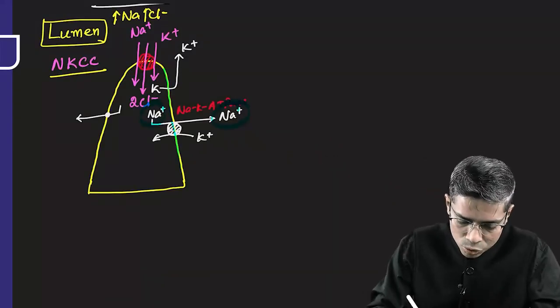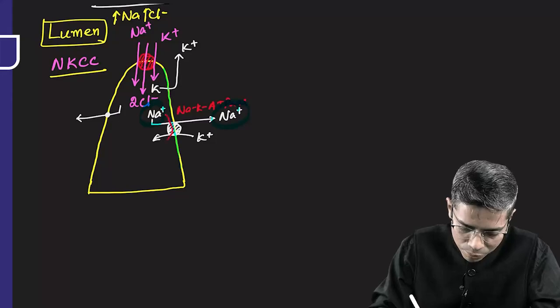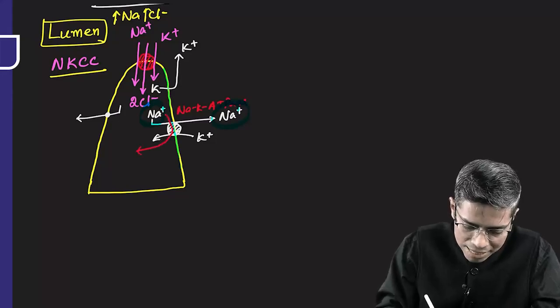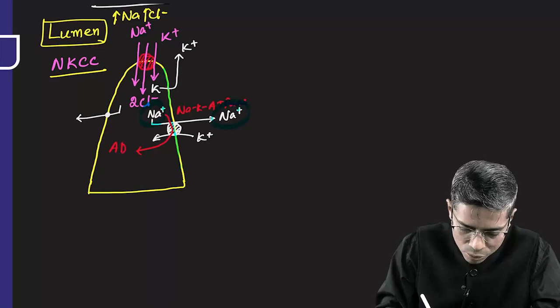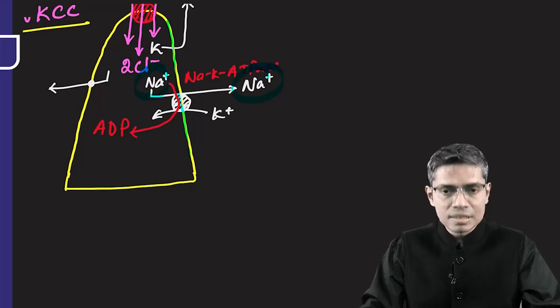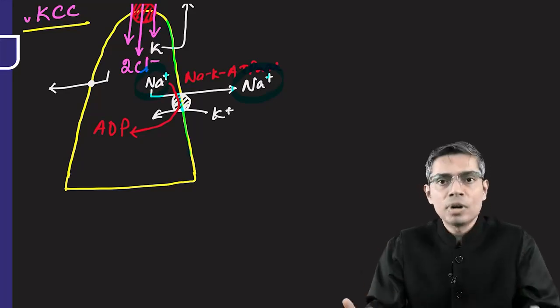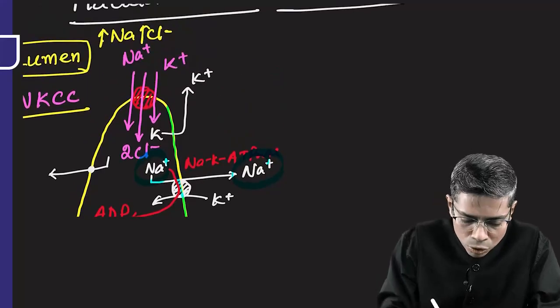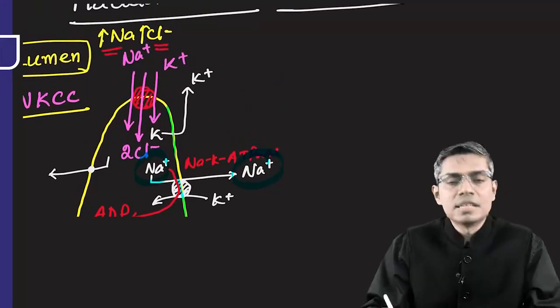And whenever the sodium potassium ATPase pump works, we know it requires energy. Energy means the adenosine triphosphate molecule will be broken down. So I am writing here, the sodium potassium ATPase pump will break down adenosine triphosphate into adenosine diphosphate. So adenosine diphosphate is produced more and more whenever your luminal sodium and chloride is higher.